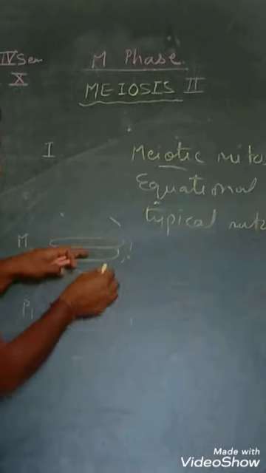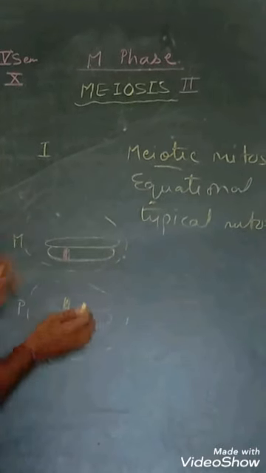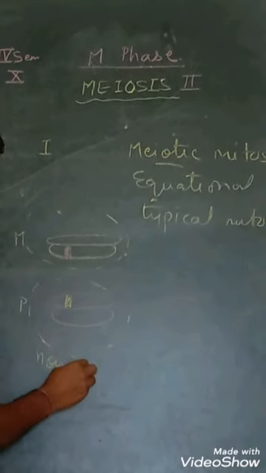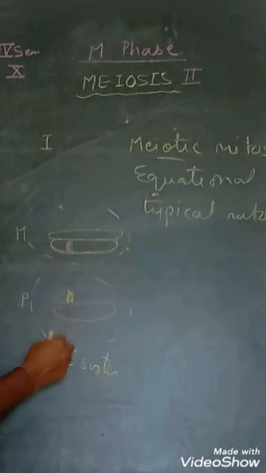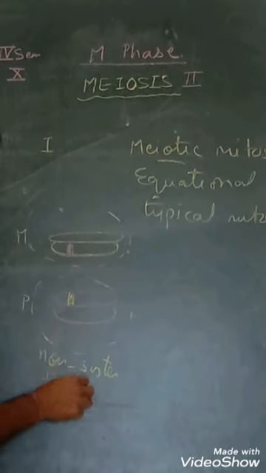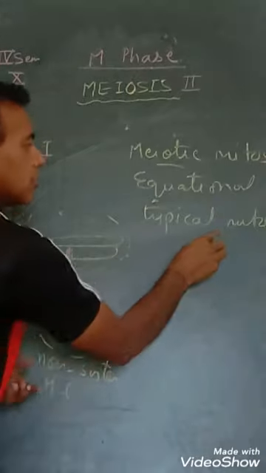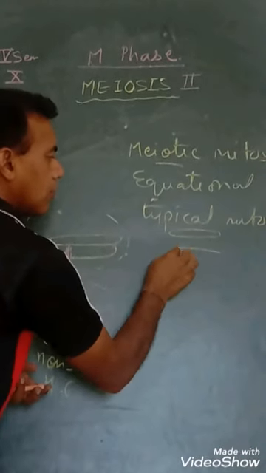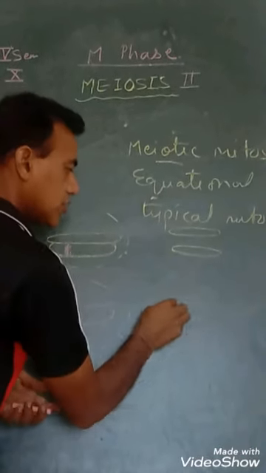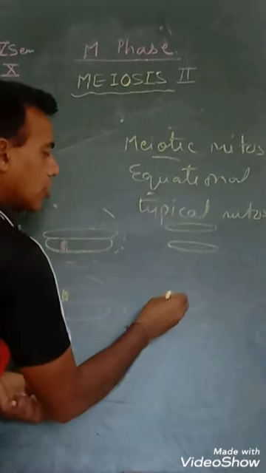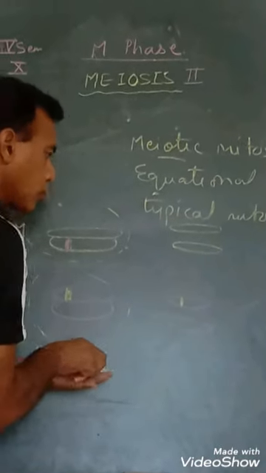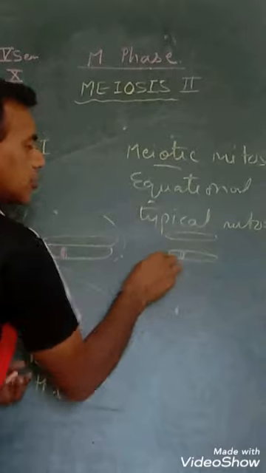Meiosis 1, separation of non-sister chromatids of homologous chromosomes, whereas here separation of sister chromatids of a chromosome will take place.